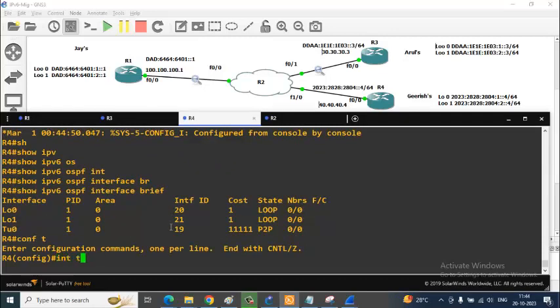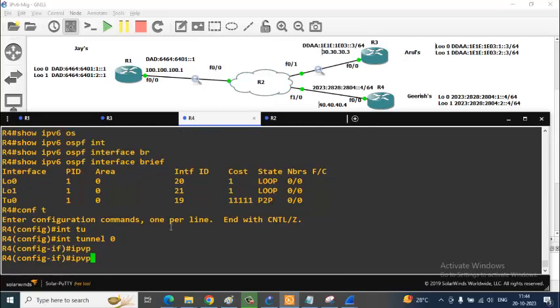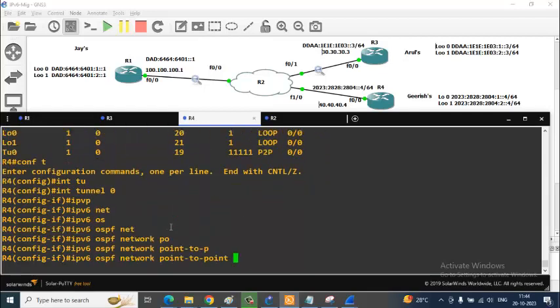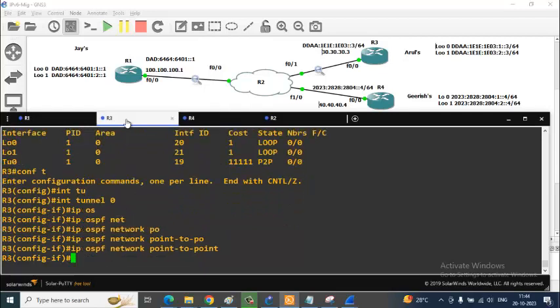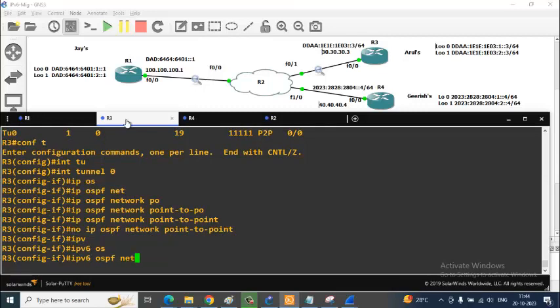Interface tunnel 0, IPv6 OSPF network type point to point.